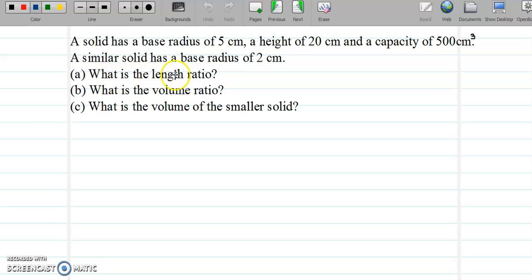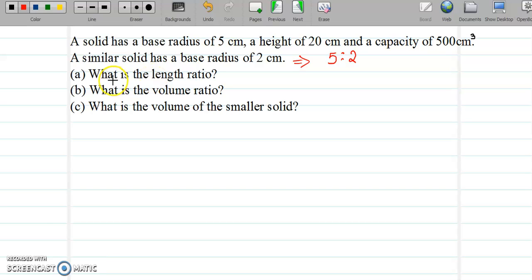What is the length ratio? For us to find the length ratio, it is given by the ratio of the two radii, 5 and 2. So the length ratio will be 5:2.